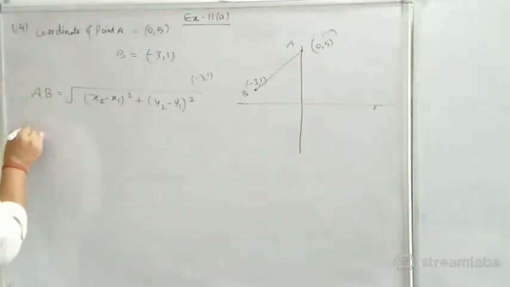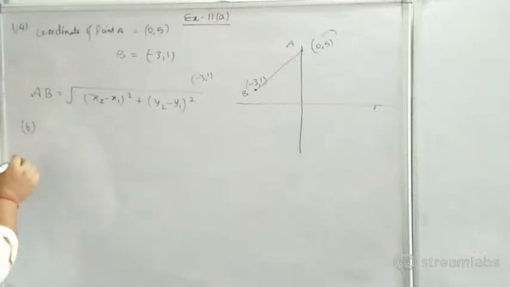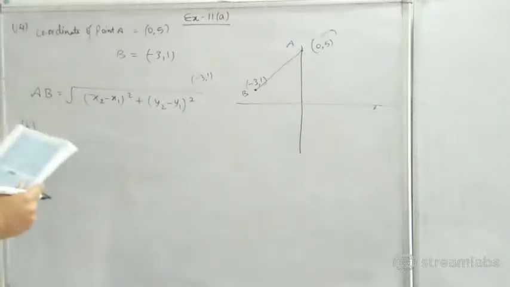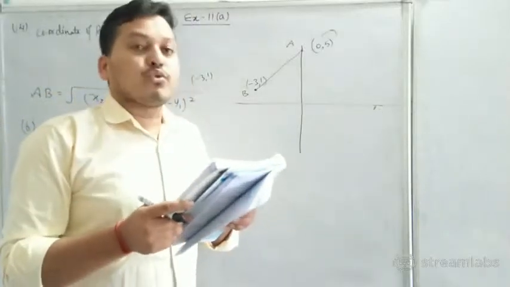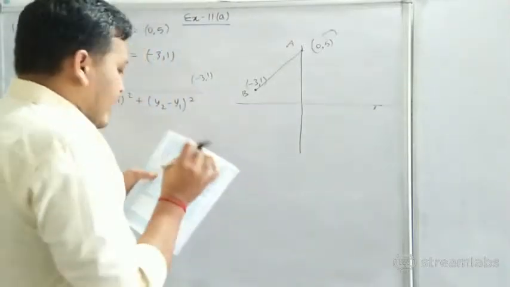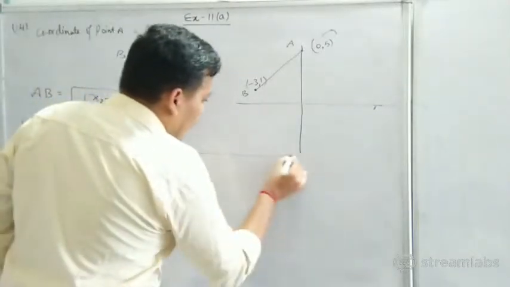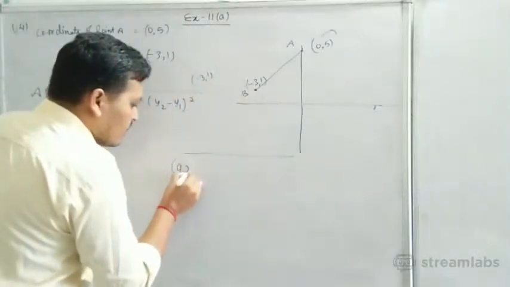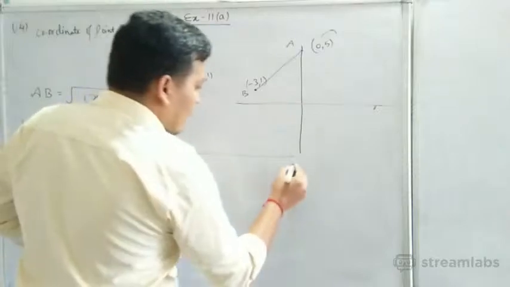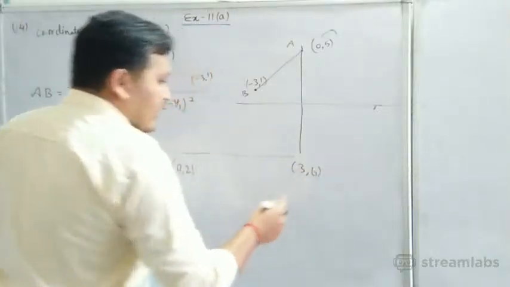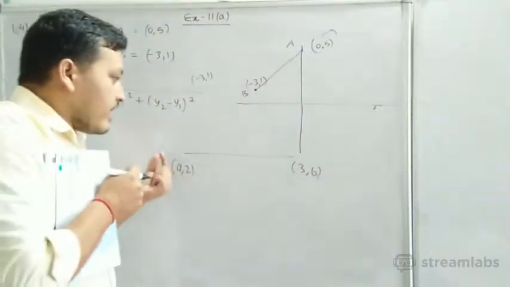Now the B part of this question. What is the B part? The midpoint of the line joining A comma 2 and 3 comma 6 is 2 comma B. A line is joining the first point A comma 2 and the second point 3 comma 6. That is the meaning of this statement.